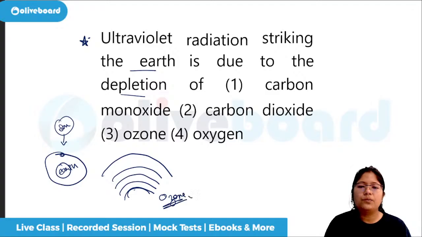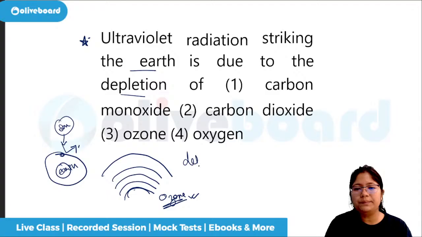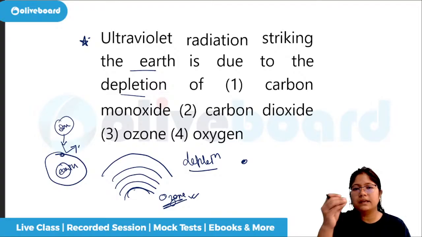All right. Now what happens? This ozone usually keeps away the UV rays. But because of ozone depletion, because there has been a hole in the ozone layer, especially in the Arctic region, UV can penetrate, and that is very harmful.